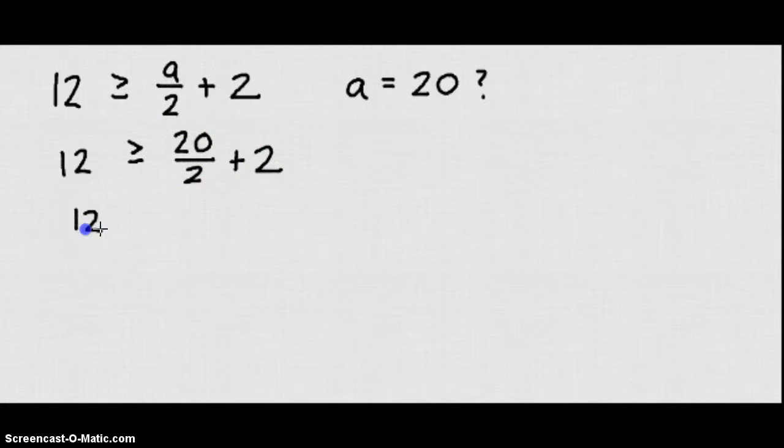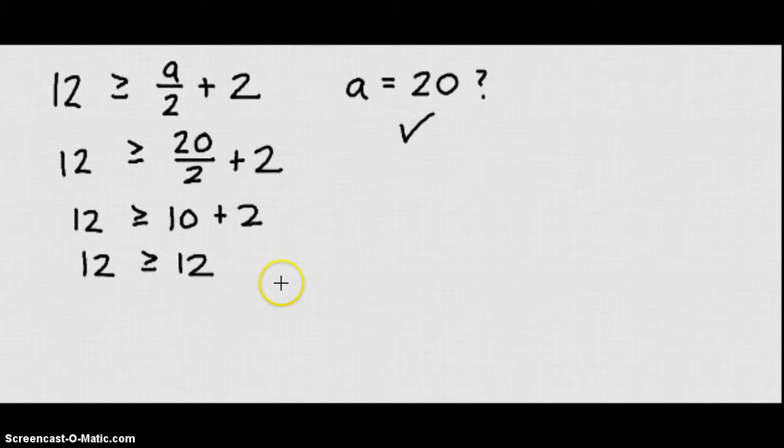So we have 12 is greater than or equal to 10 plus 2, or 12 is greater than or equal to 12. Because we say equal to, 12 is in fact greater than or equal to 12 because it's equal to 12. So in that case, A equals 20 is a valid solution to that inequality.